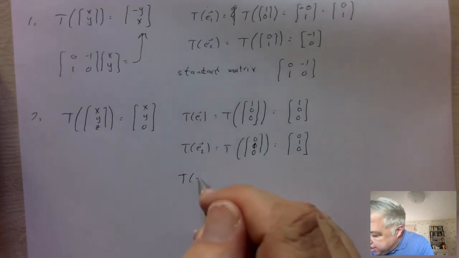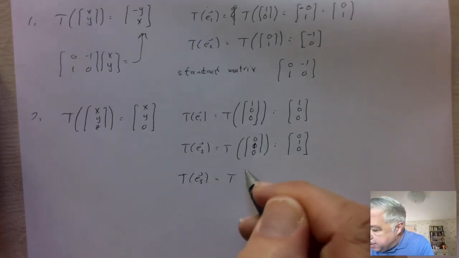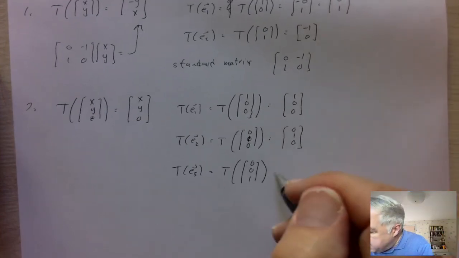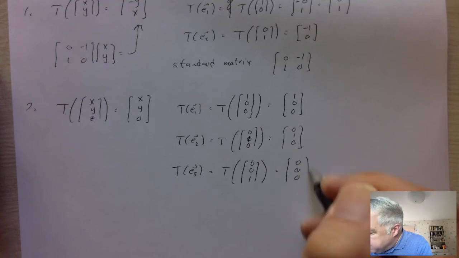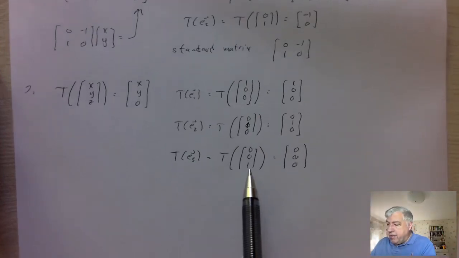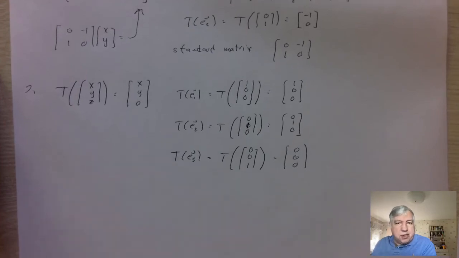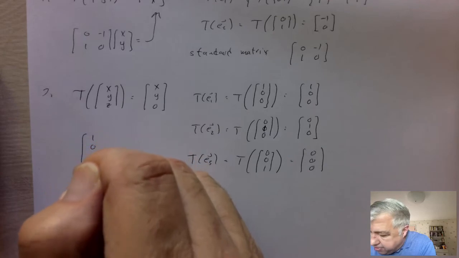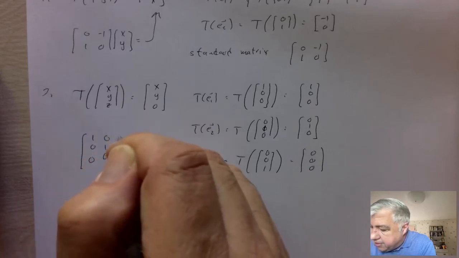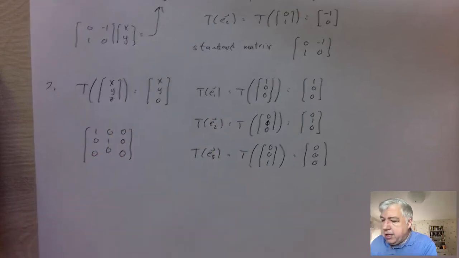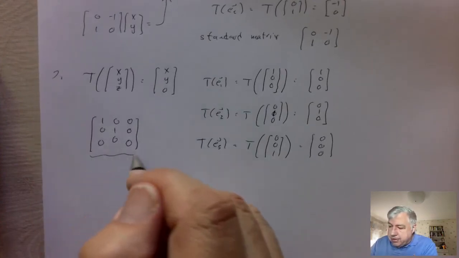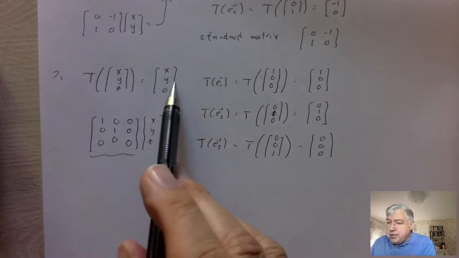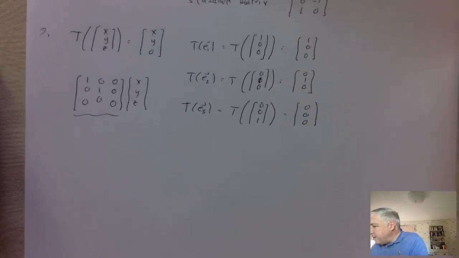And T of e3, which is T of (0, 0, 1), is (0, 0, 0). Remember in all these cases, the z coordinate is replaced by 0. And so the standard matrix would be [1 0 0; 0 1 0; 0 0 0]. And sure enough, you can check that this times (x, y, z) is equal to this. So that would be the standard matrix.